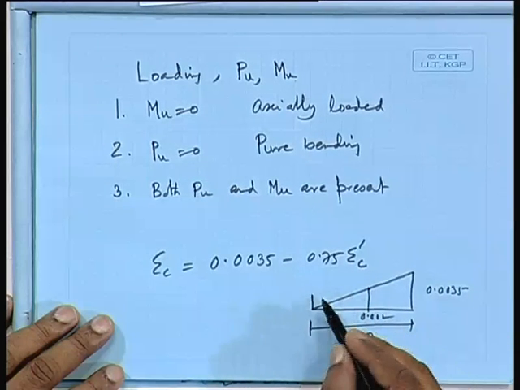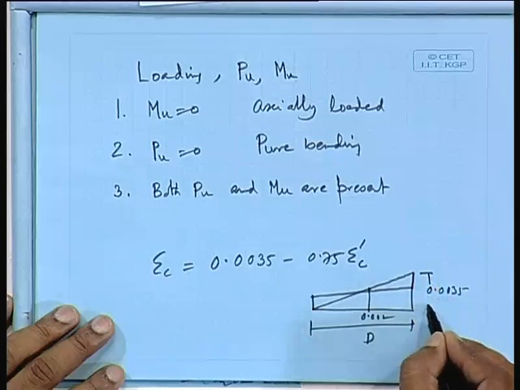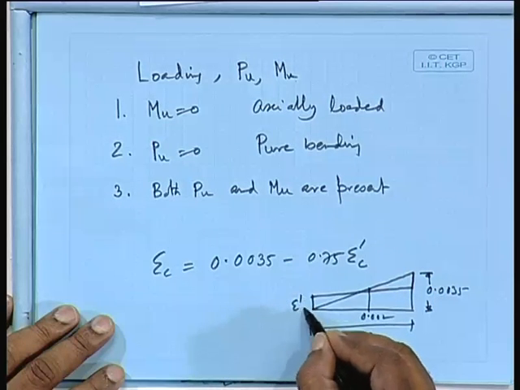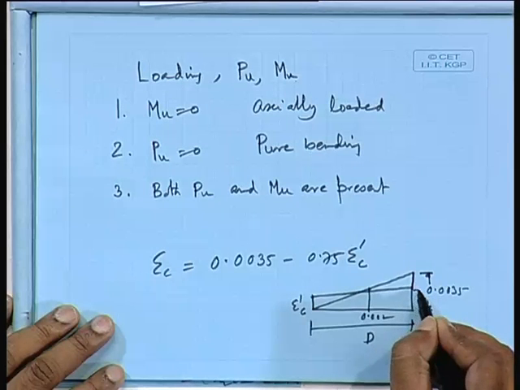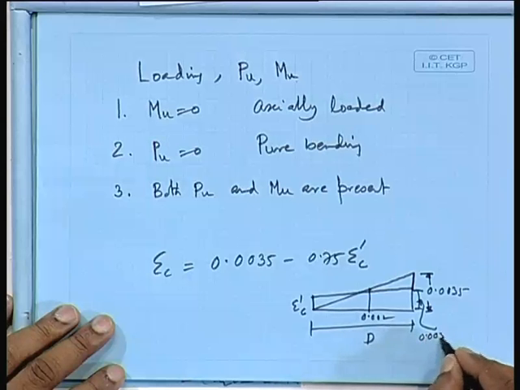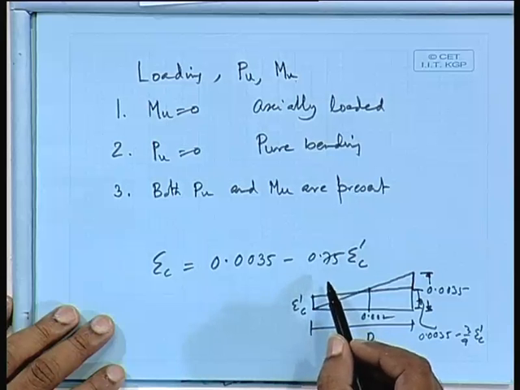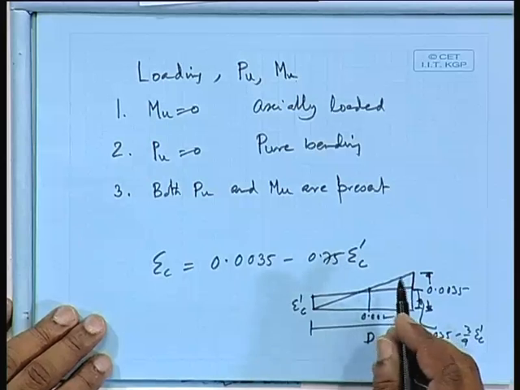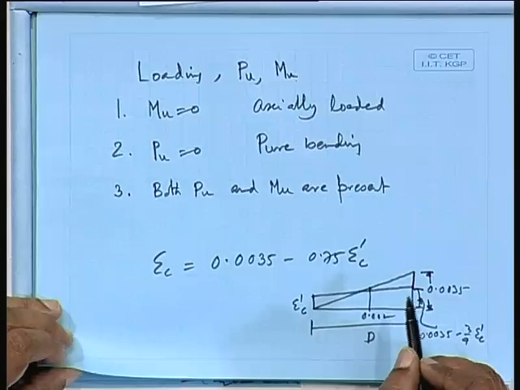So the 0.0035 is the total, and 0.0035 minus 3/4 of epsilon dash c gives this value. This curve is required to find the strain and then the stress.